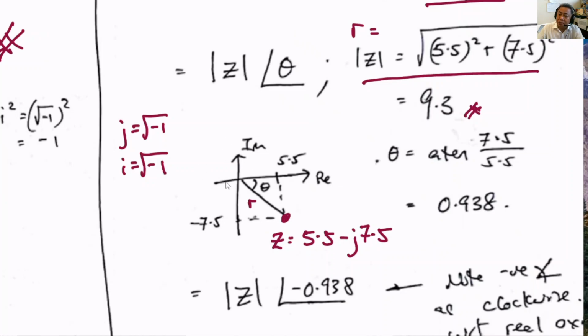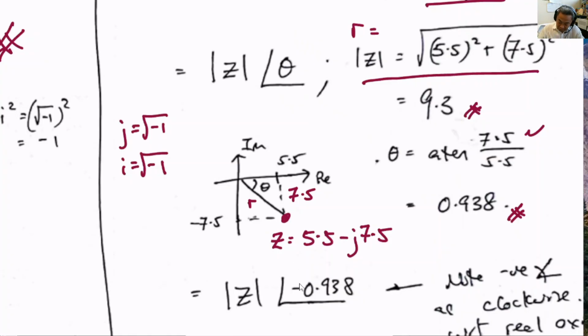Now, theta is interesting because theta can exist in the 4 quadrants. So I will advise you to draw exactly which quadrant it is, and then just calculate opposite over adjacent. Opposite here is 7.5. Now we don't care about the minus sign because we are doing opposite over adjacent. And then we get an angle. And then now we determine what sign it is.